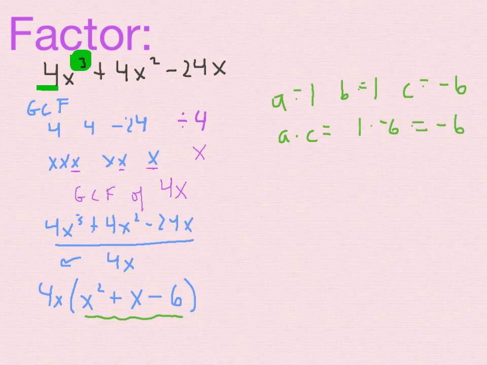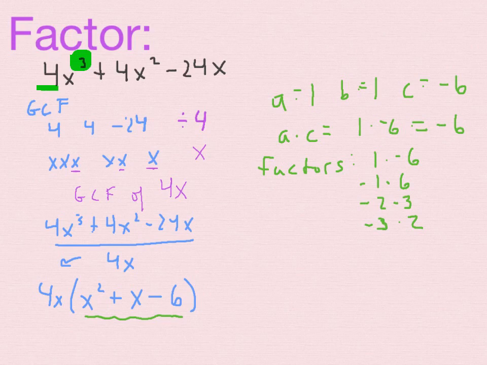So I need factors of negative 6, which is going to be 1 times negative 6, negative 1 times 6, negative 2 times 3, or negative 3 times 2.